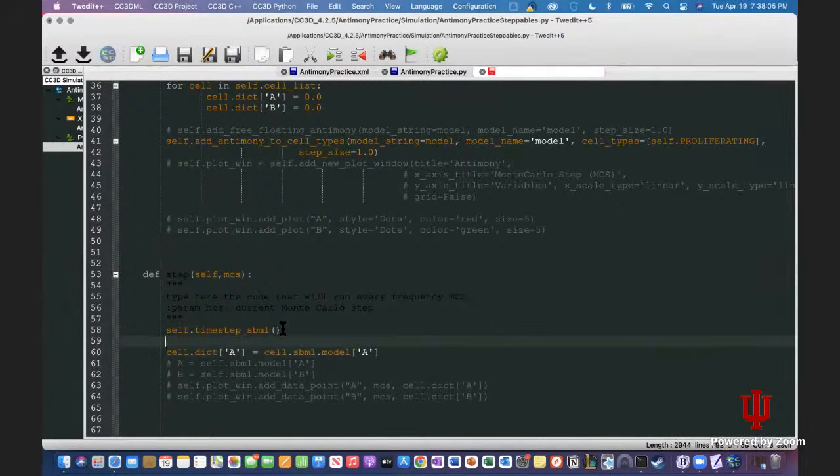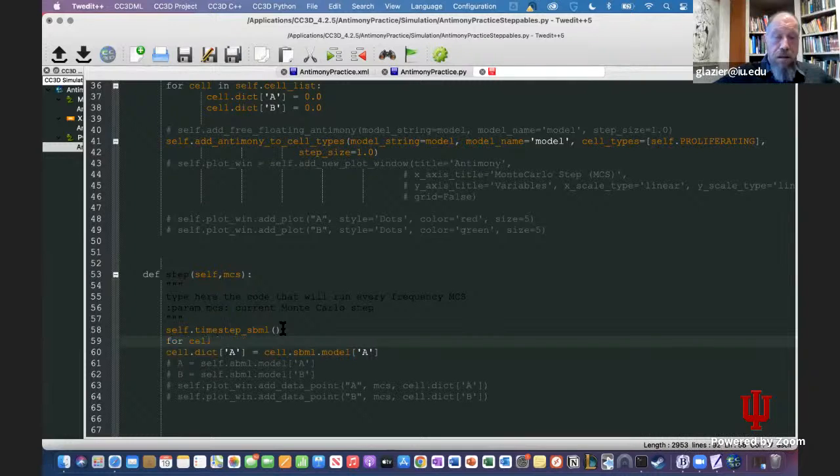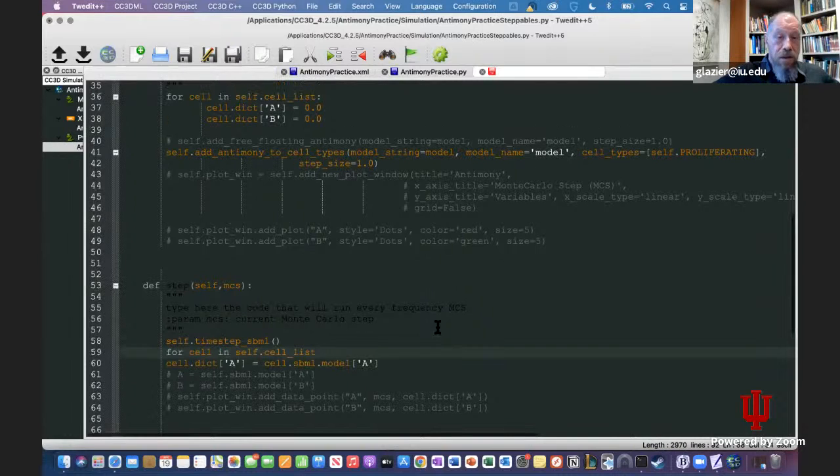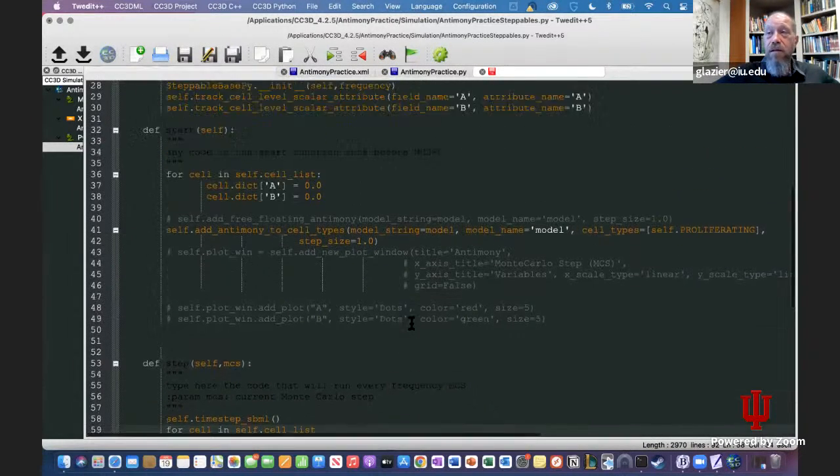So would I say for cell in self.cell list? You probably want it to be list by type because you only have the model loaded for the cell. Otherwise you'll have to use your try. Remember in your CC3D Python code snippets, go up to CC3D Python at the top.